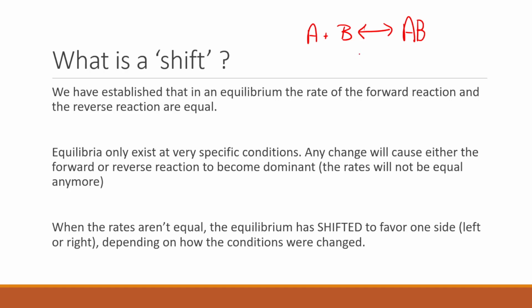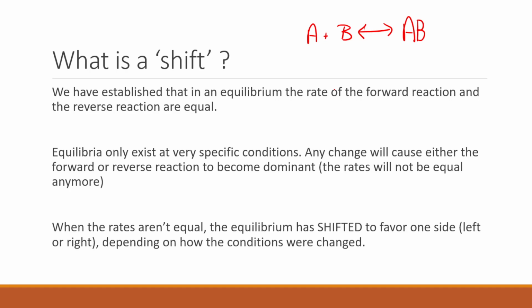Every 10 seconds, 1 mole of AB is produced. Every 10 seconds, 1 mole of AB decomposes into A and B. This equilibrium exists only at a very specific set of circumstances. I set this up in a way that allows those rates to be equal.